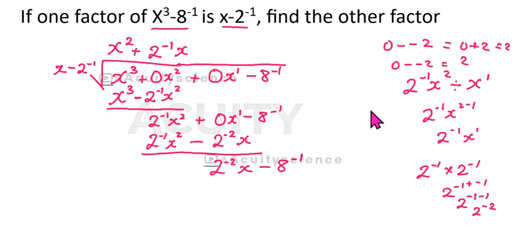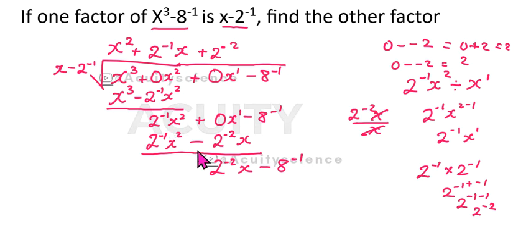If we have 2 raised to the power minus 2 x over x, x will just cancel x because they are both power 1, so 1 minus 1, 0. So here we're going to have 2 raised to the power minus 2, after dividing this whole thing by x.